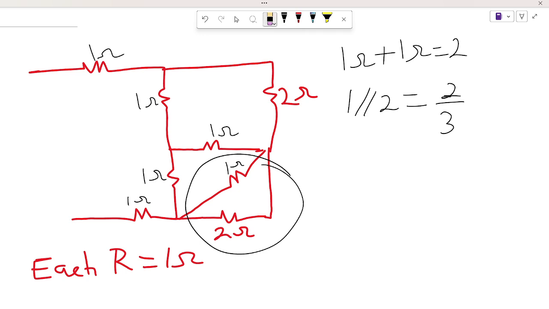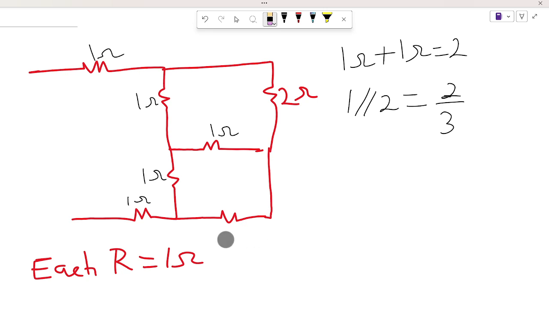So we can reduce our circuit to give us 2/3 ohms at that point.